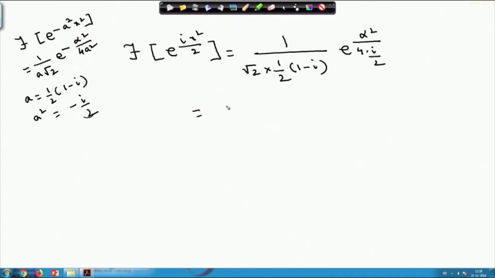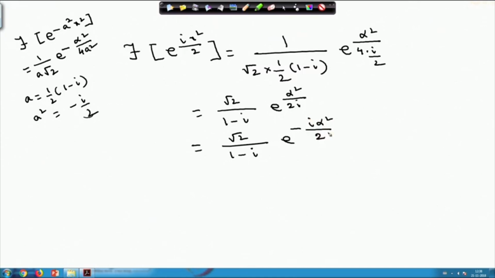This root 2 will go up, and you will obtain root 2 by 1 minus i into e power alpha square by 2i, and this again I am writing as e power minus i alpha square by 2.